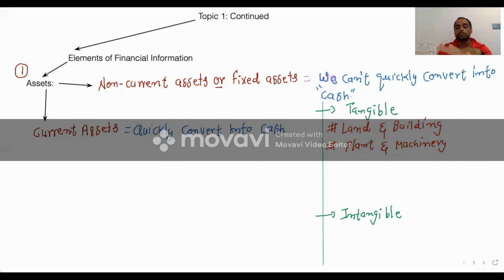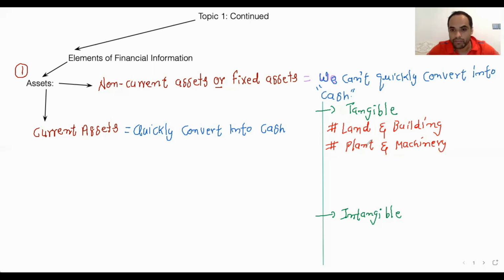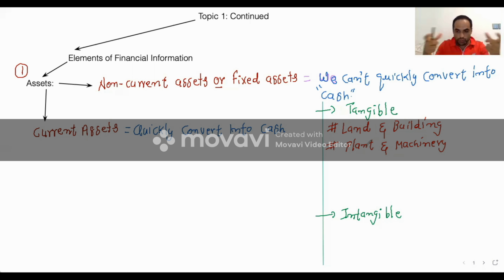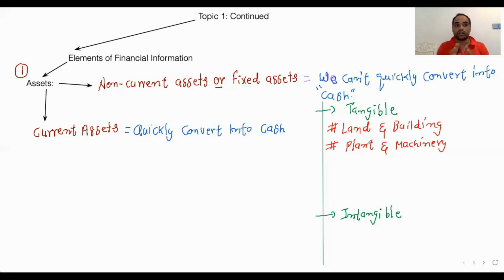Now plant. This plant doesn't mean the tree. This plant means the area which is suitable to run the business. That's your business boundaries, right? The area in which you set up your plant, your machines and everything. That area is called the plant, where you are manufacturing your things, right?